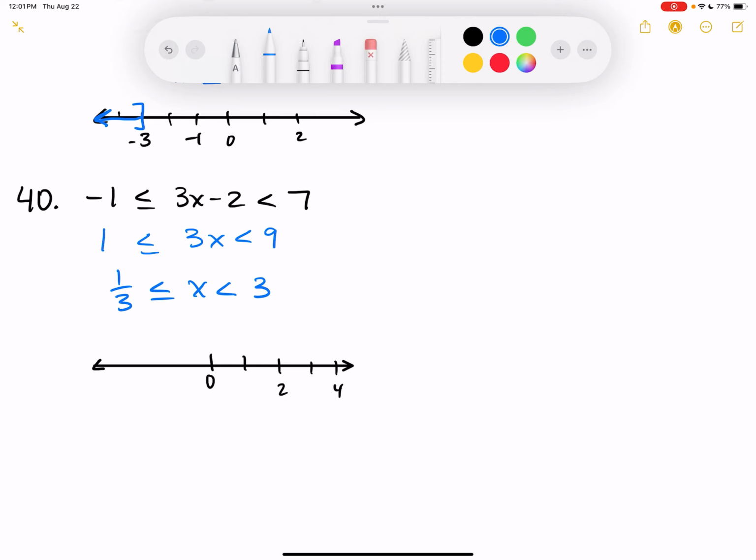Bracket facing right, where? At 1/3. And then parentheses facing left at 3. Yep. And it's filled in the middle.